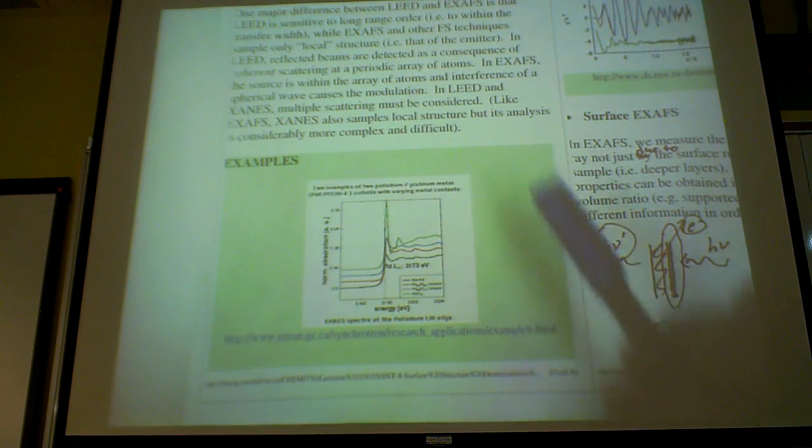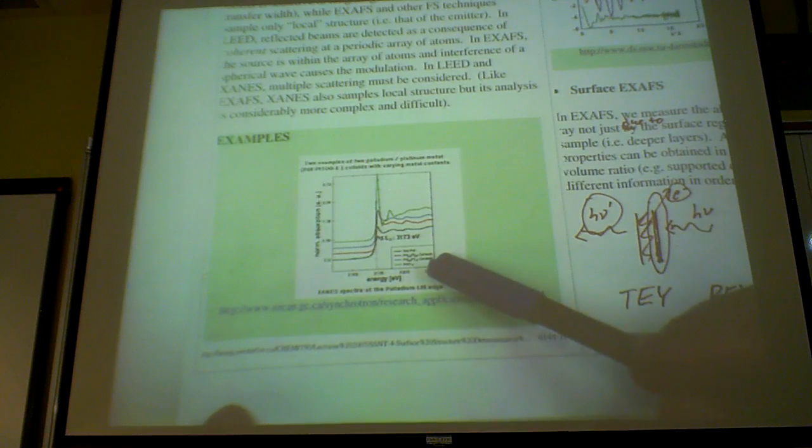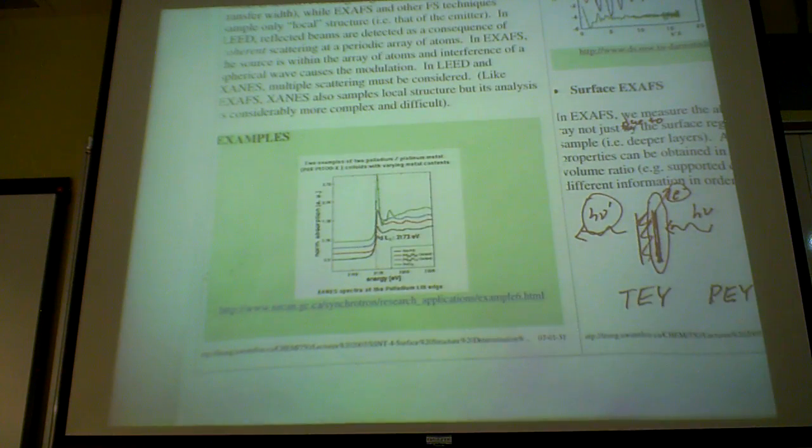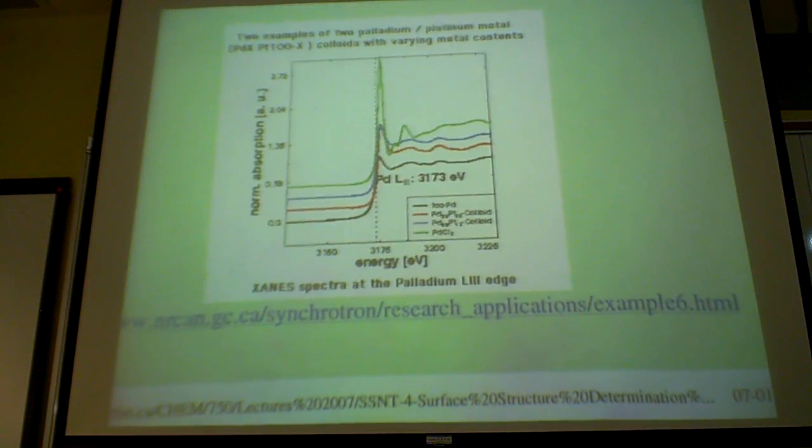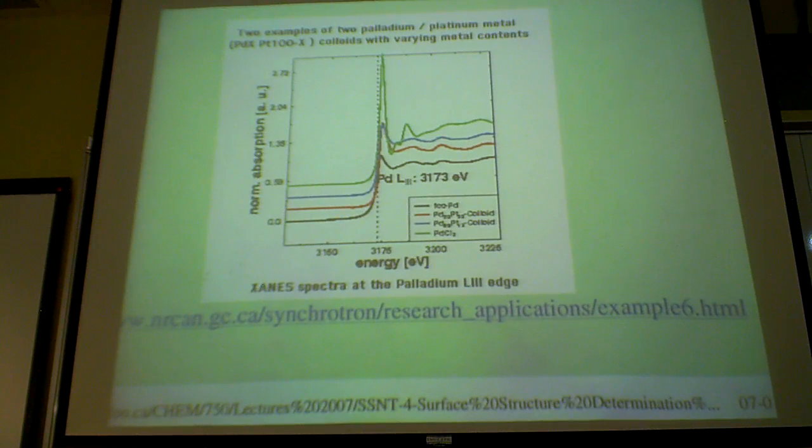So here I show an example of this material for XAFS, an example of bare metal. So let me see if I can go up. It's quite nice because it is really quite a wonderful technique in many ways.